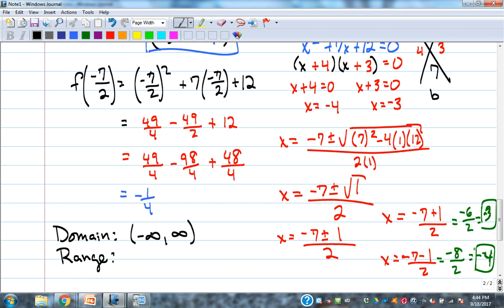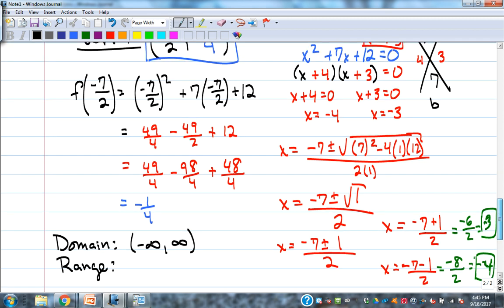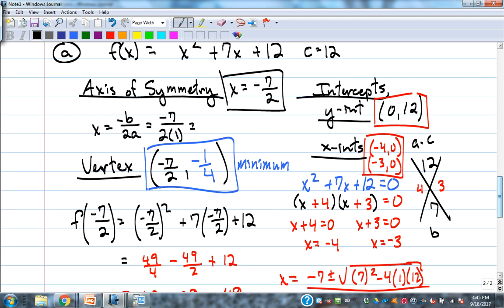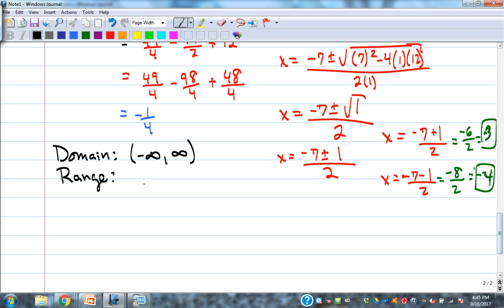So it's doing this. So where's our range going to start? At the bottom, right? What's the minimum y value? Negative 1/4 from the vertex. So it starts at negative 1/4 and goes up to positive infinity. Is the negative 1/4 included? Yes. So square bracket on that guy.